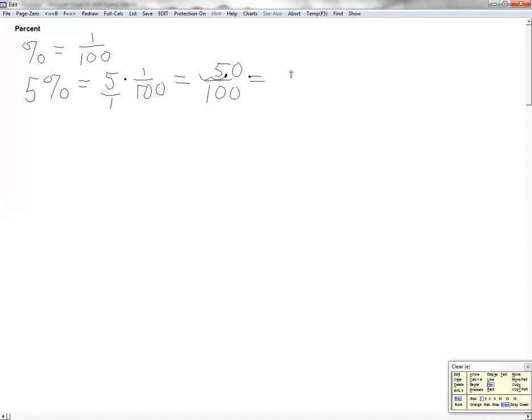So as a decimal, this is going to be 0.05. So we took our decimal point that was here and we kicked it towards the front. And I'll put a little D there. So every time you divide by 0, you take the decimal point and you push it towards the front.